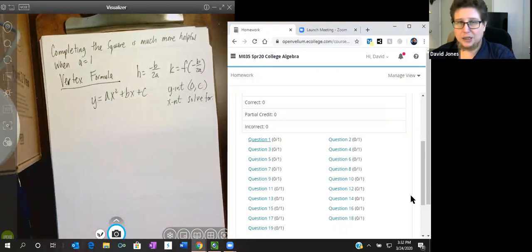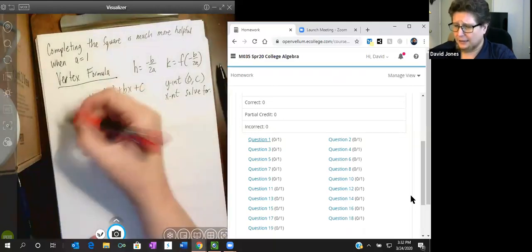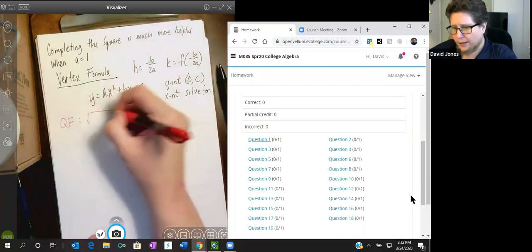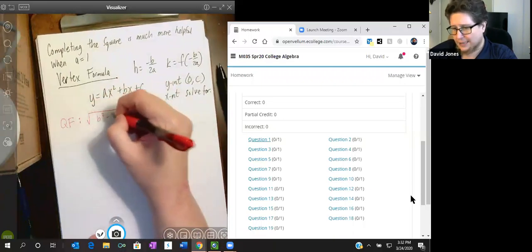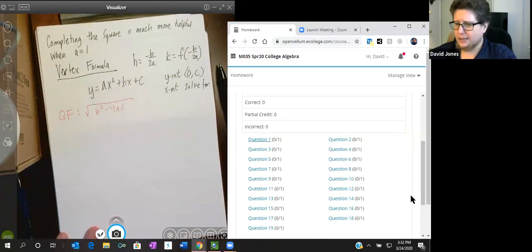Now, you can speed up some stuff with the x-intercept, because you can always use the quadratic formula. And if we use the quadratic formula, it always has that square root in there, that b squared minus 4ac. It's always in there.